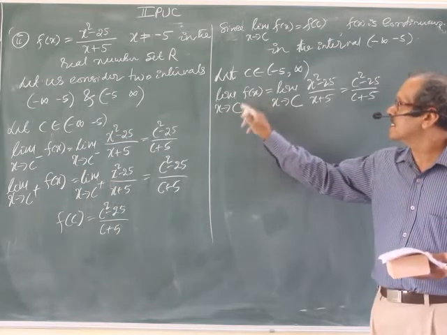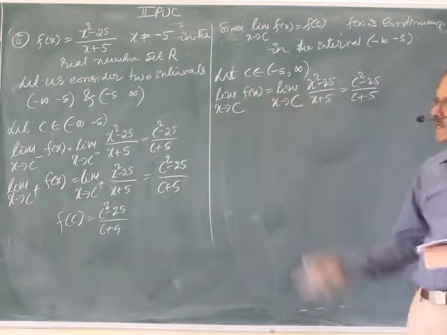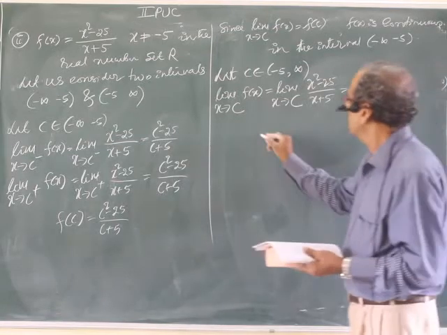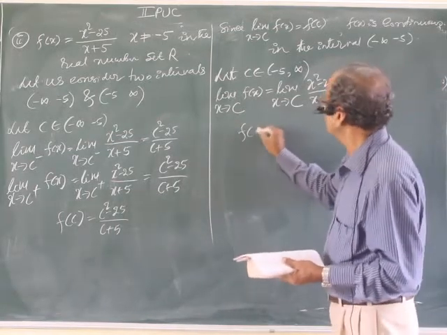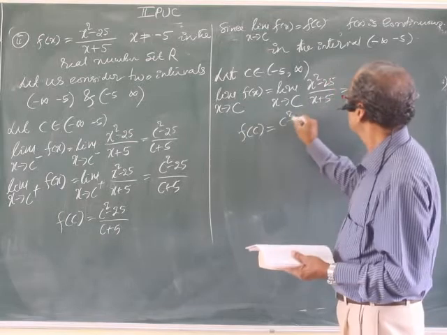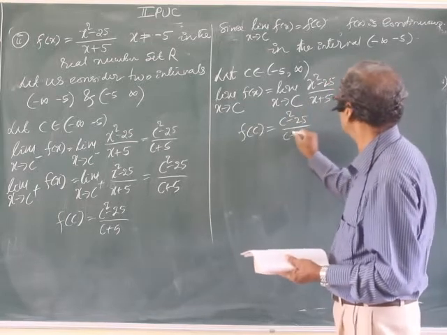C minus and C plus both are included. Same equation, no? F of C equal to C square minus 25 by C plus 5.